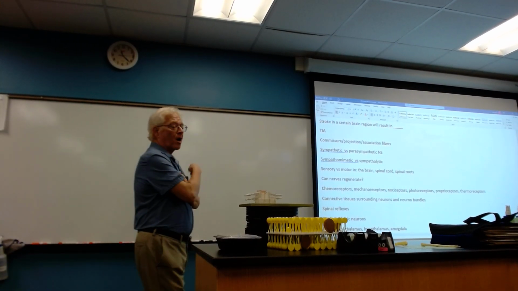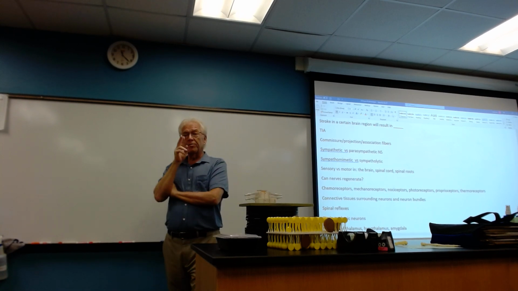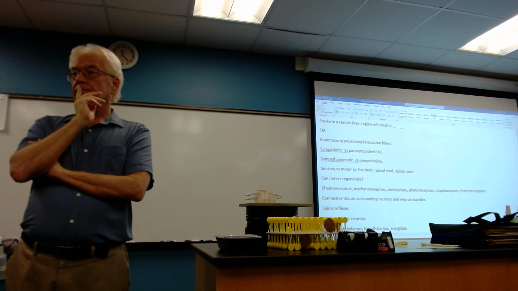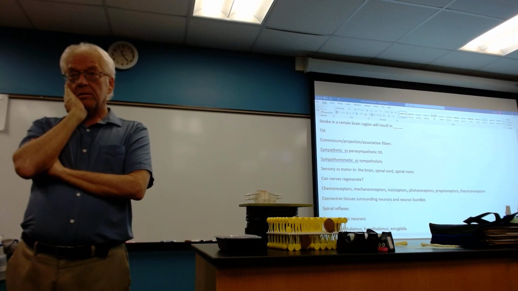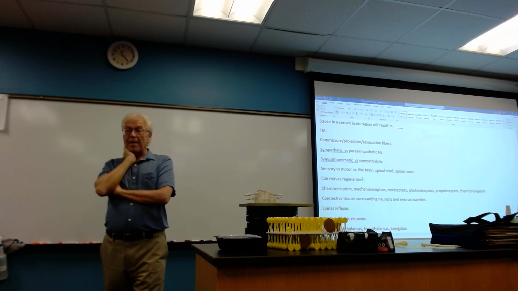To get used to it to the point that you don't even feel it anymore. So, which one of these two words means adapts to the point you don't even feel it anymore? Phasic. Okay? You tell me. Okay. So, give me an example of a nerve that adapts.